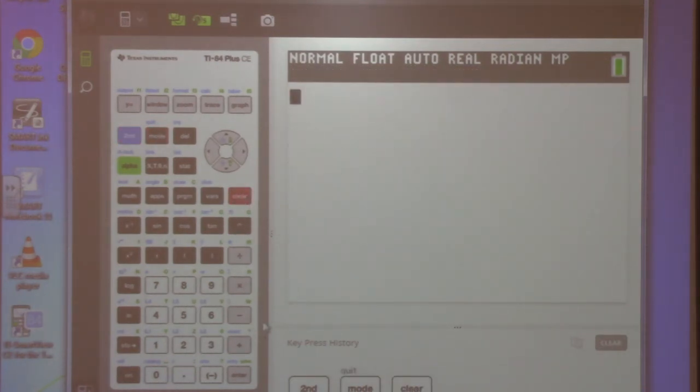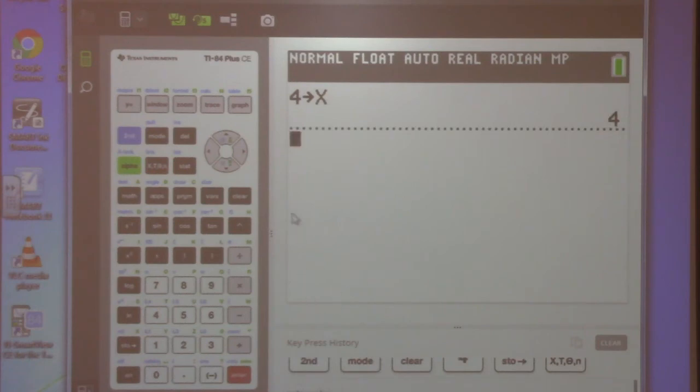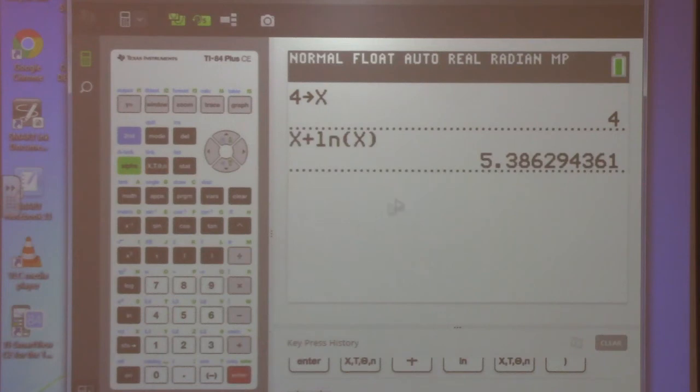First, c. I got it. See, the way I would do this is I'd put 4 plus ln 4, and here's one value. This is f of b, right?